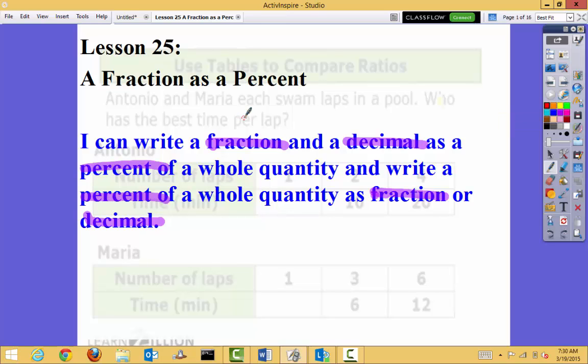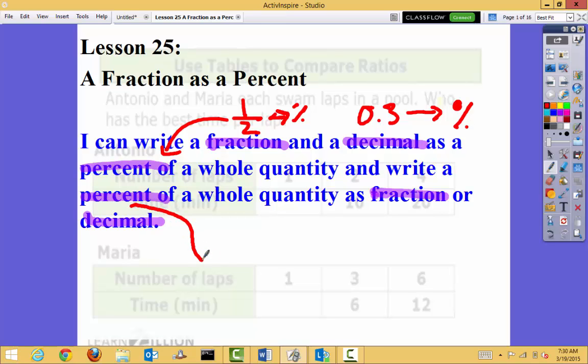All it's saying is that I'm going from a fraction to a percent, and I'm going from a decimal to what? A percent. Alright, and it's going to say I'm doing the exact opposite right here.